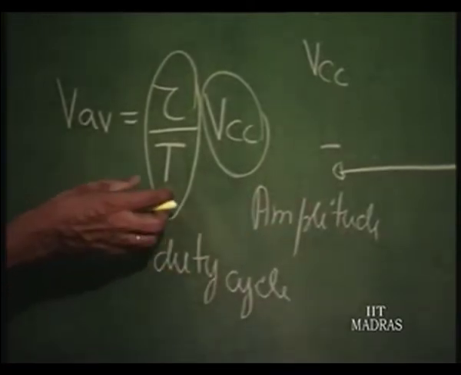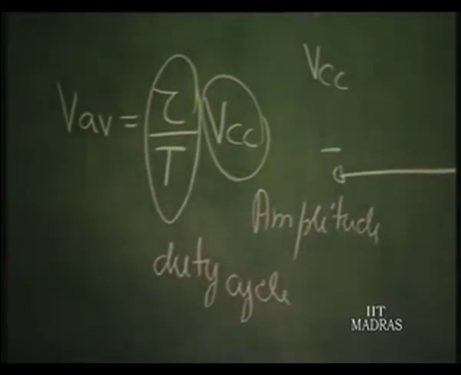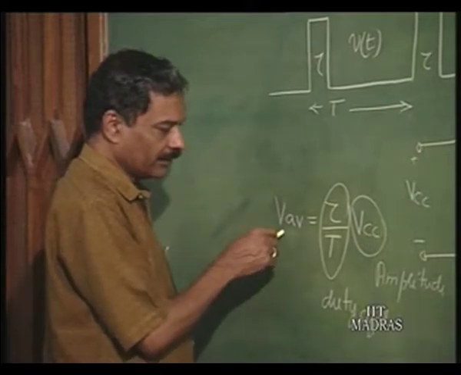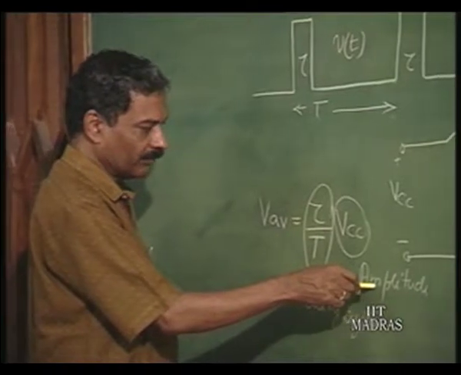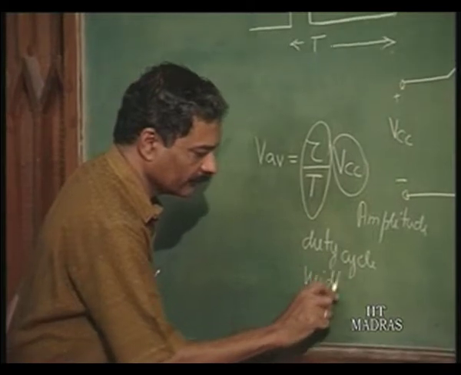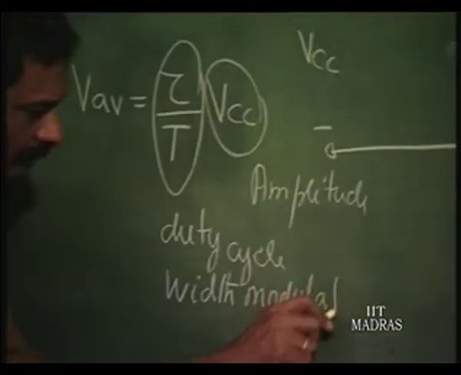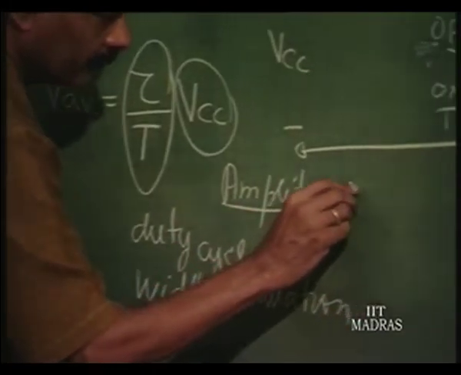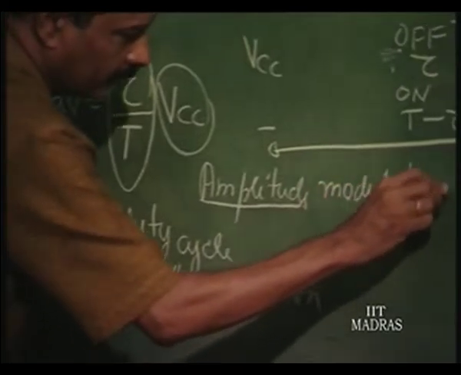So, if I can vary duty cycle according to some frequency, this gets modulated by this information, and this also is modulating the amplitude. So, this is called width modulation. This is called amplitude modulation.